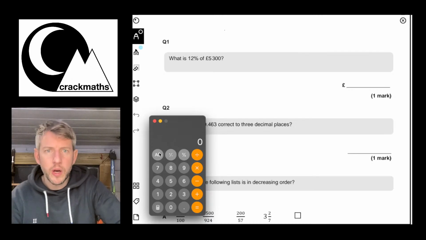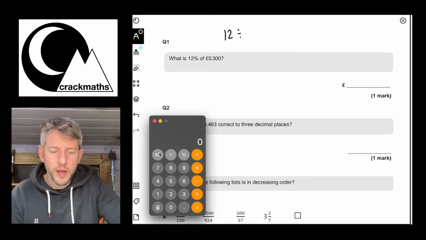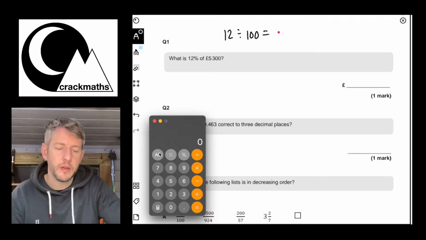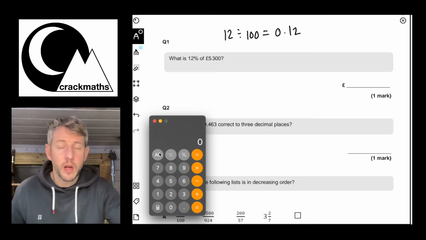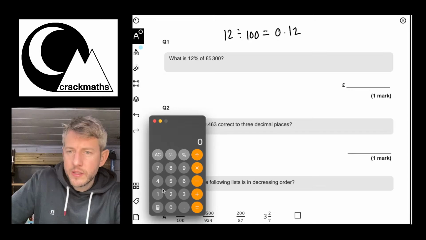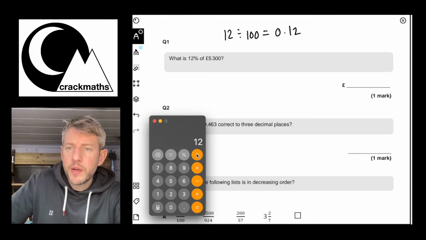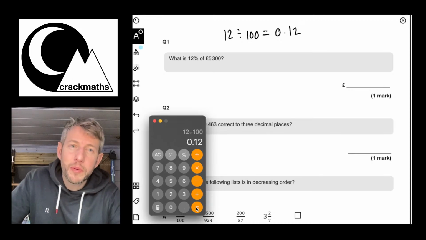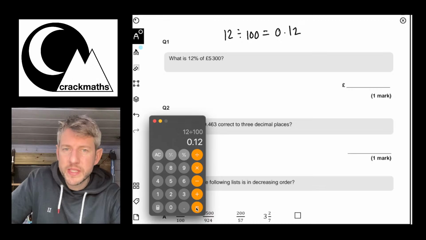So we just do 12 divided by 100 to turn it into a decimal, which becomes 0.12. I mean, we could have done that on the calculator. So 12 divided by 100 equals 0.12. Now, anything multiplied by 0.12 will give us 12% of that number.